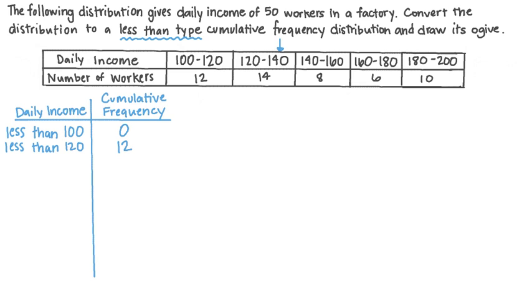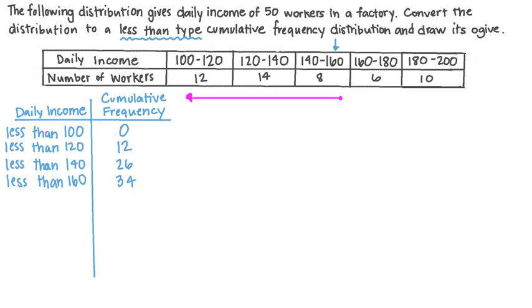Our next class would be the upper bound of 140, and the people that earned less than 140 are all the people in the previous categories, 12 plus 14, a cumulative frequency of 26. The upper bound of our next category, less than 160, we need to add 12 plus 14 plus 8.